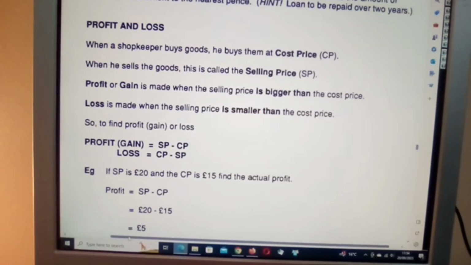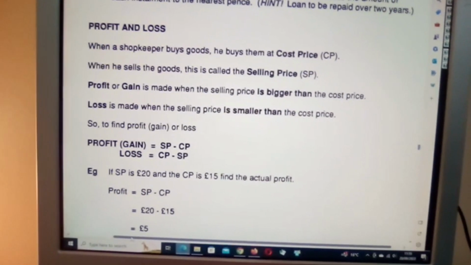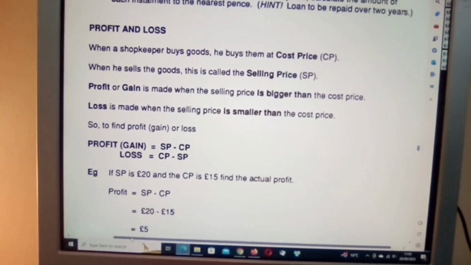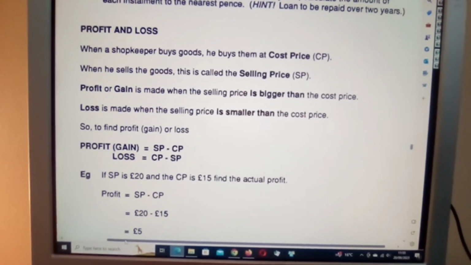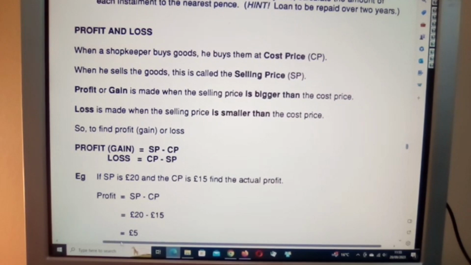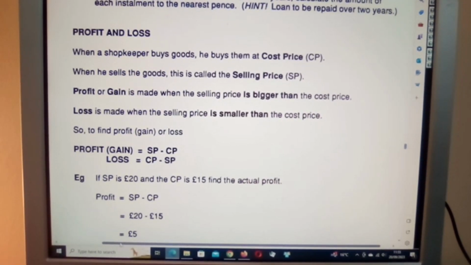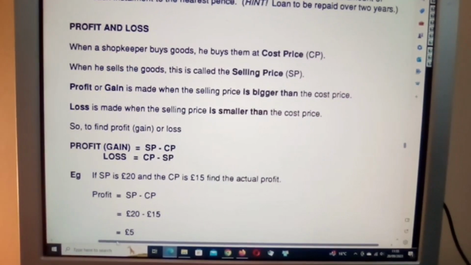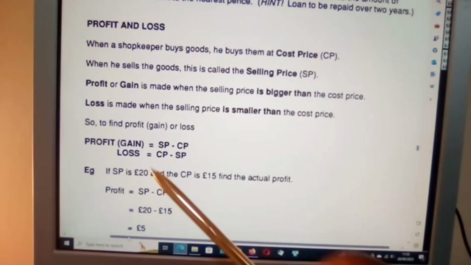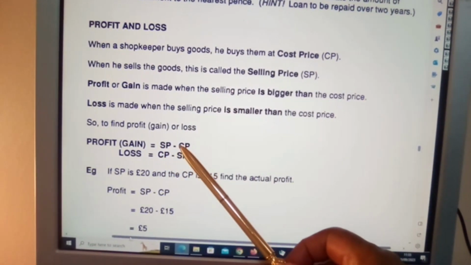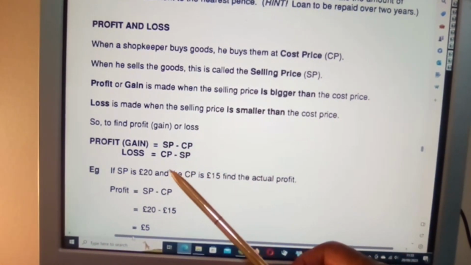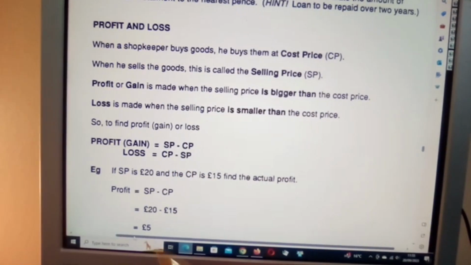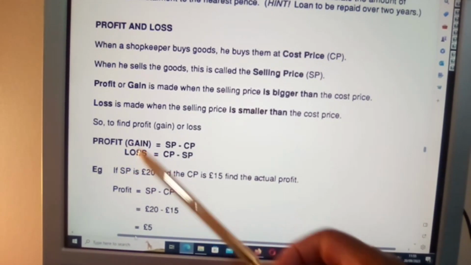Profit and loss. Now identify the meaning of each of these: SP, selling price, cost price, gain, profit, loss.